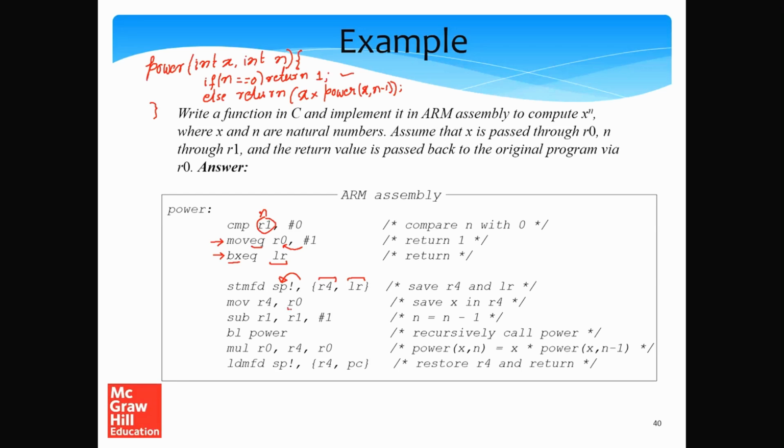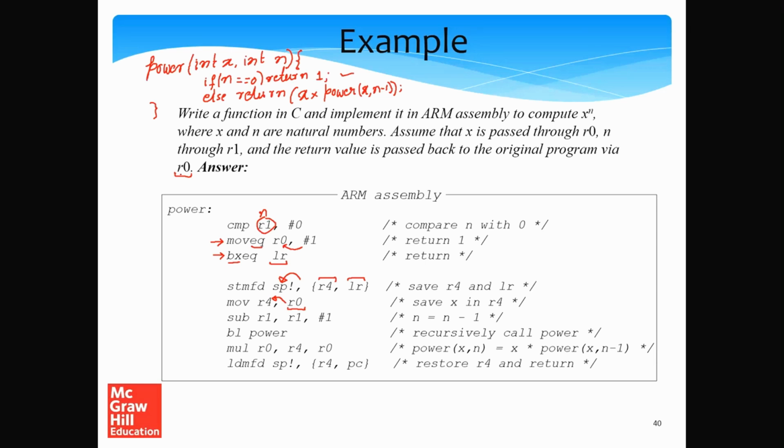Subsequently, we move the value of x, which is in R0, to R4. The main reason for doing this is that R0 is also carrying a return value. In the ARM ABI, the application binary interface, the convention is that return values typically come via R0, and the arguments are typically passed in R0, R1, R2, and so on.